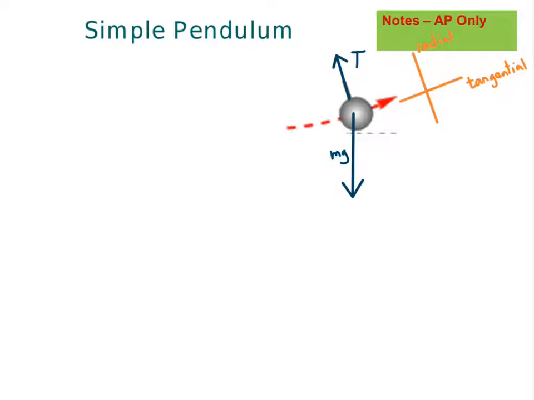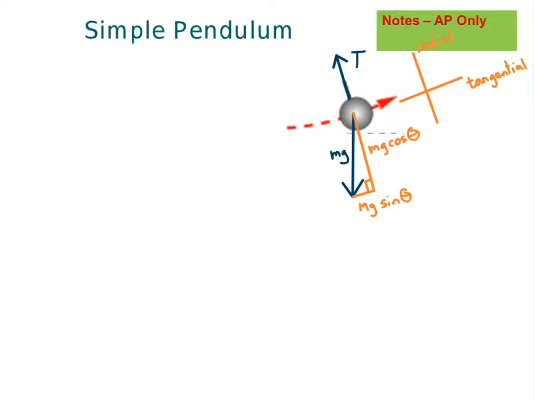So first of all, that means that I have to break this down in terms of its radial component and its tangential component. So let's draw a right triangle. And it turns out that the radial component is going to be mg cosine theta. The tangential component is going to be mg sine theta.